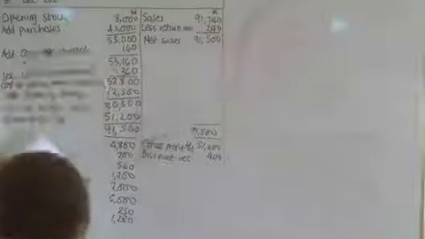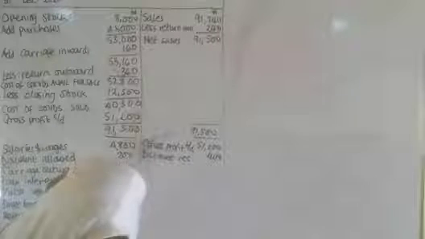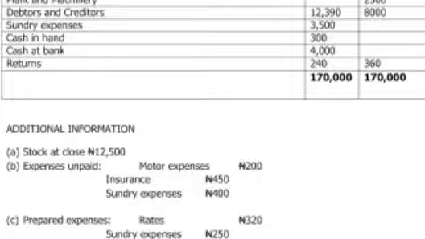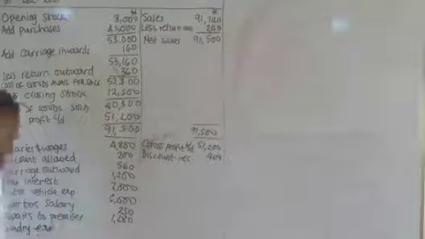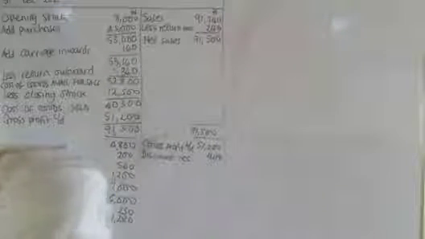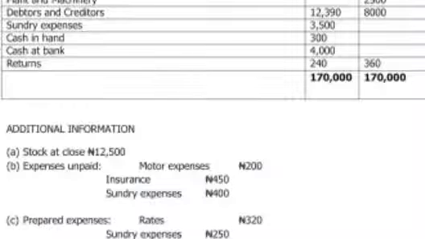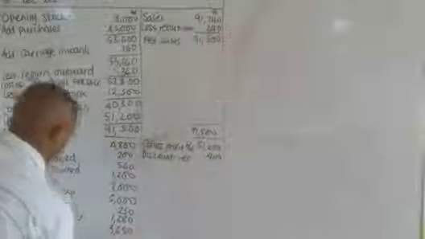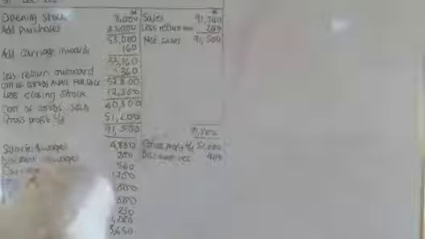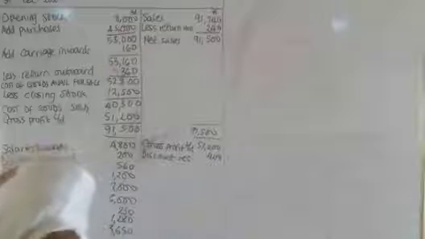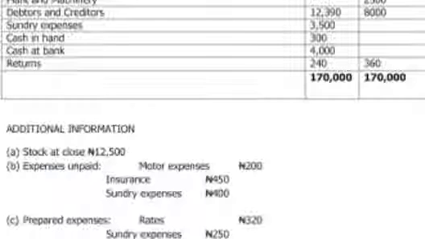So, the next one, we have sundry expenses. So we have sundry expenses of 3,650. The next one, we have insurance. It was adjusted, 450.